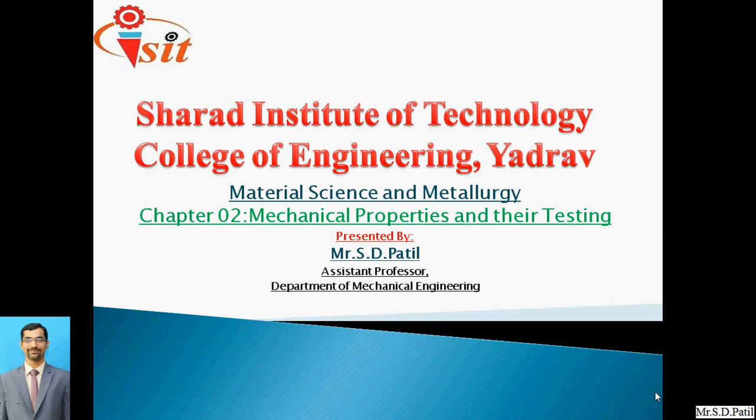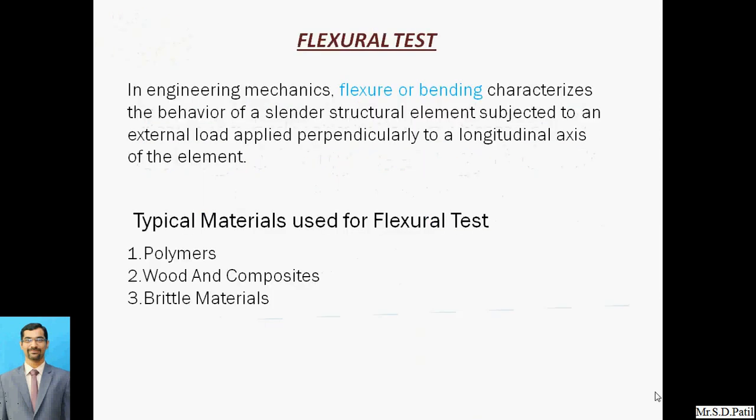Now there are different kinds of tests we are conducting just to analyze the different properties of the material. The next test is called the bending test or flexural test. Basically it is known as a flexural test, and most of the testing is carried out under the name flexural test, but it is also called a bending test.